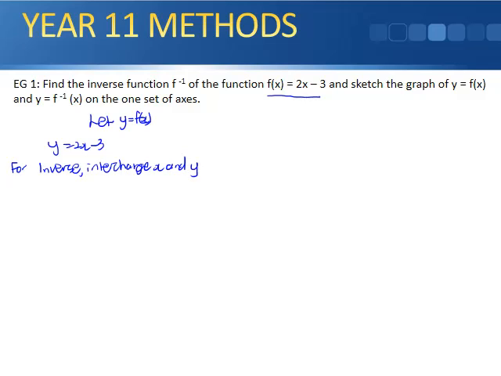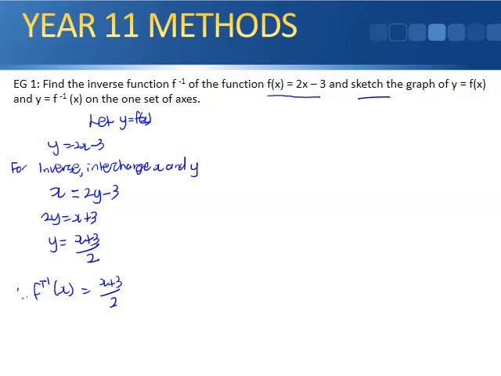So we end up getting x equals 2y minus 3. Now we solve for y. So we got 2y equals x plus 3, and y equals x plus 3 divided by 2. It also says to sketch it, so we better sketch it. I suppose I better write down, therefore the inverse, f to the negative 1 of x equals x plus 3 divided by 2.